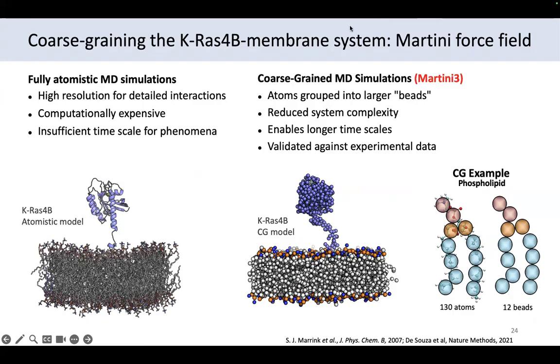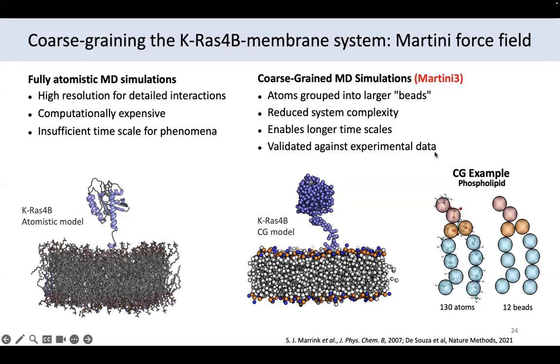And because we couldn't do it with atomistic simulations, which of course have very high resolution but are insufficient to study the phenomena of interest within the time scale they can achieve with their very computationally expensive resources, we turned to coarse-grained molecular dynamic simulations using a force field called Martini 3, where atoms are grouped in larger beads and the system reduces its complexity, enabling the study of longer time and length scales.